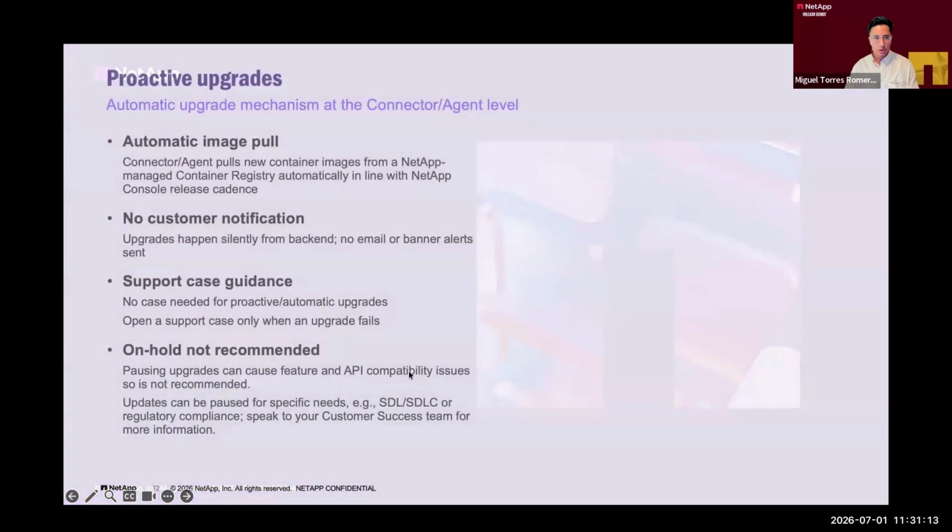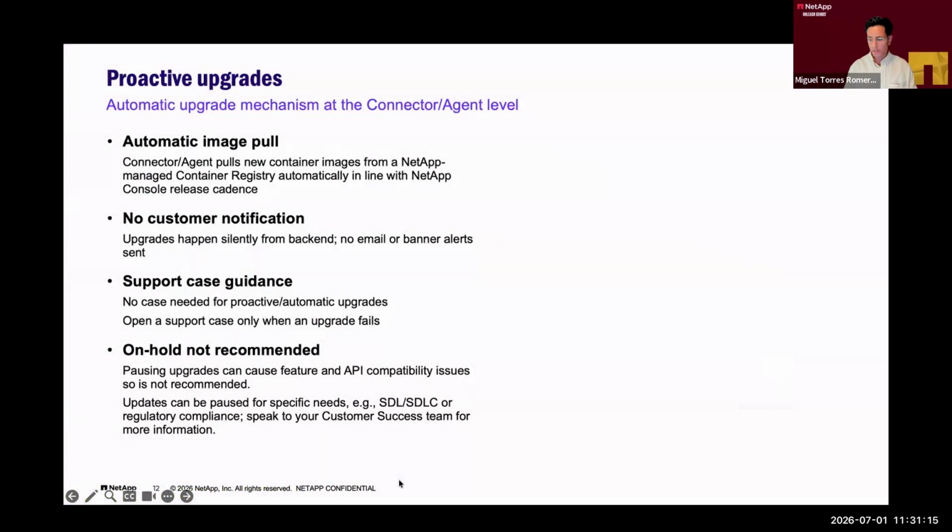Great content, Joss. Amazing how easy it is to deploy an agent. Right. Amazing. So now we're going to be talking about proactive upgrades. This is very simple. When we have outbound connectivity to the internet from our agent, I get many questions from my clients that say, "Hey, Miguel, how do I upgrade the connector?